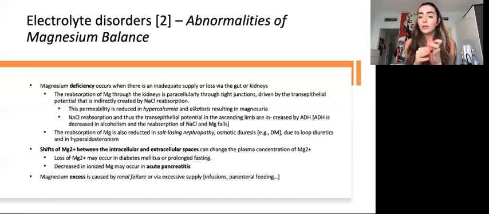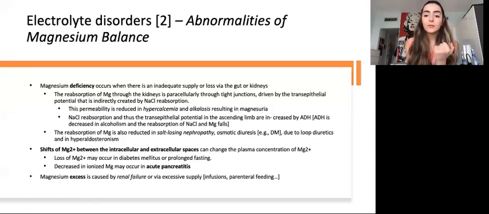Substitution of insulin or resumption of food intake may then bring about hypomagnesemia. And it can also occur in patients with acute pancreatitis, decreasing ionic magnesium, because the enzymes of the pancreas can destroy the magnesium ions.